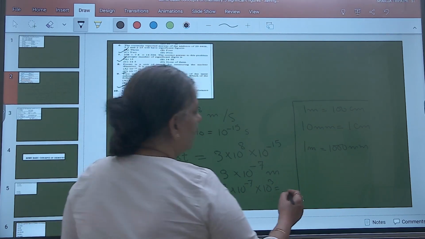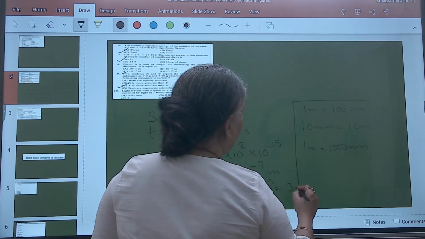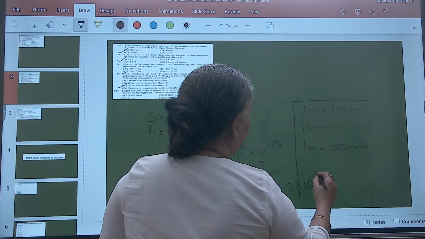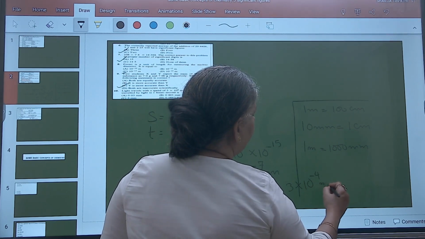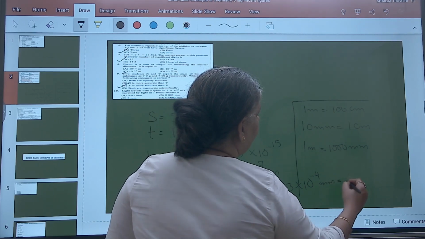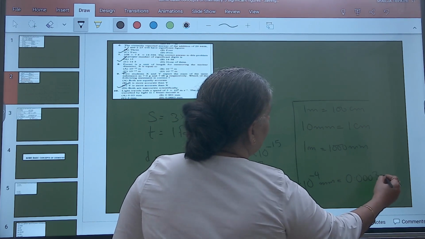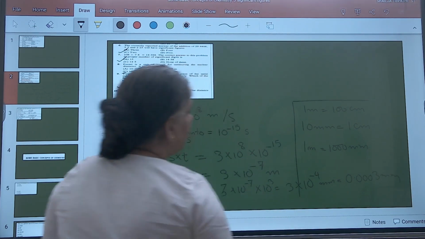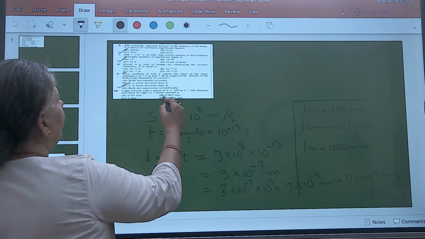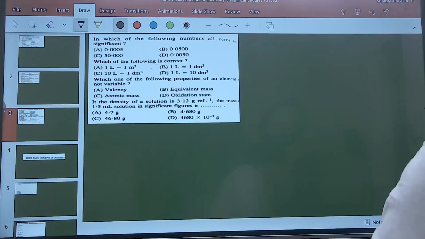So you will get 3 into 10 raised to power minus 4 millimeters. That is equal to 0.0003 millimeters. So our option D is correct.